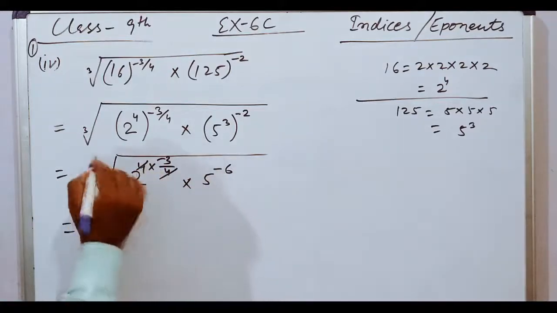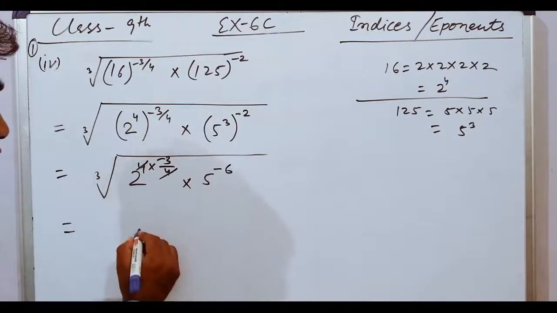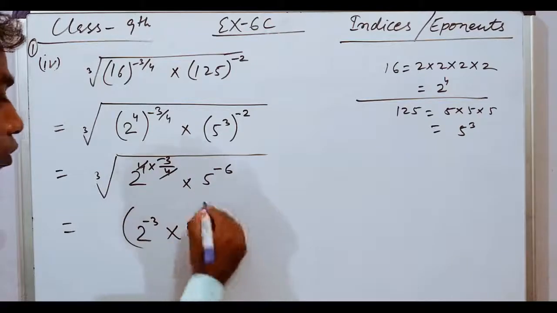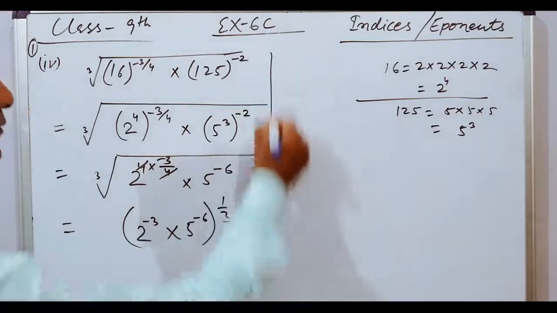Now, cube root we will write in exponential form. So 2 to the power minus 3 into 5 to the power minus 6 whole power 1 upon 3.